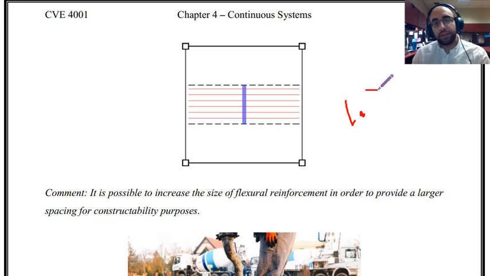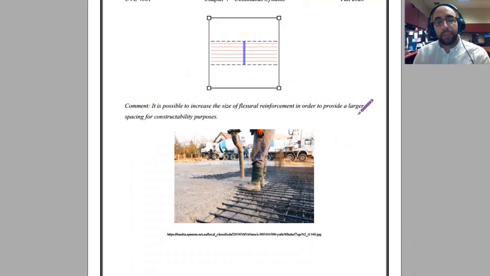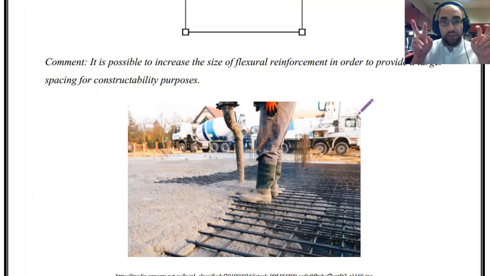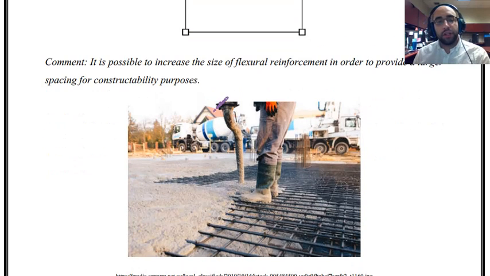Instead of 1.7, maybe we can have, for example, about 2 inches, and that would be easier for workers to construct. But that is something that is not in the code. That is highly based on your experience and the situation that we are dealing with in the construction. In terms of the requirements, just based on the theory and the code requirements, we could design the slab, and this is the final configuration.